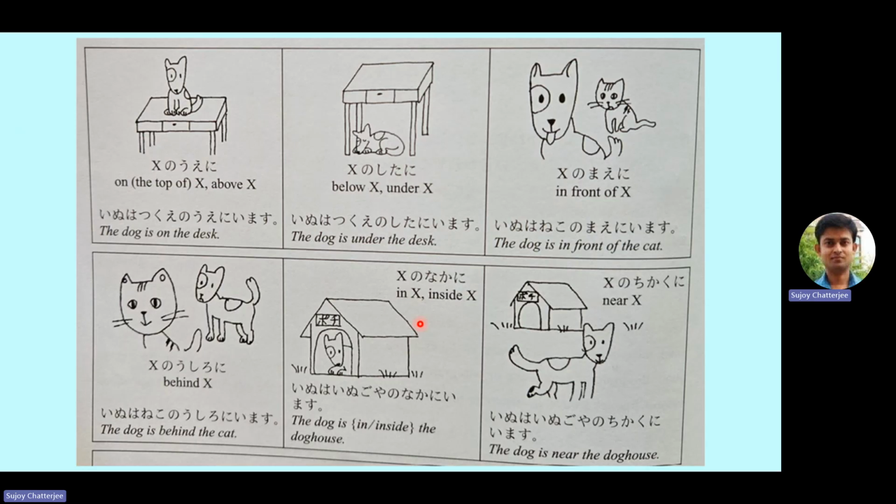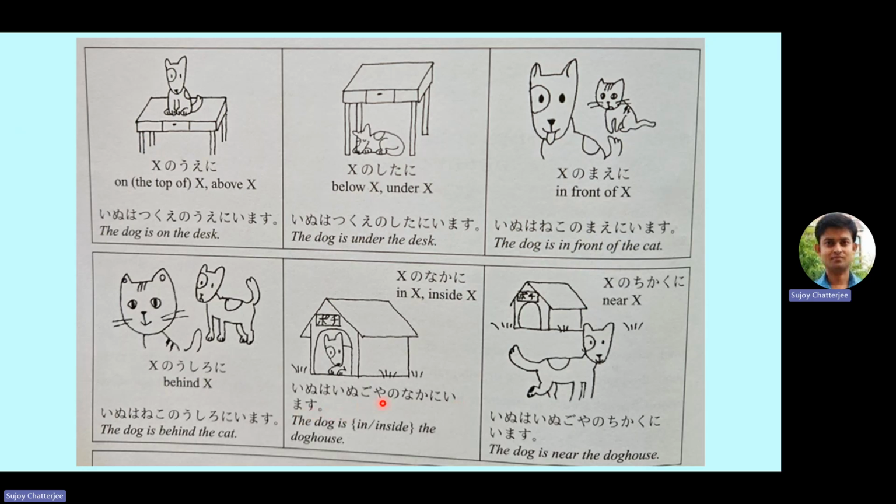So heya no naka means inside the room. Here the dog is inside the dog house. So it will be inu wa inu goya no naka ni imasu.